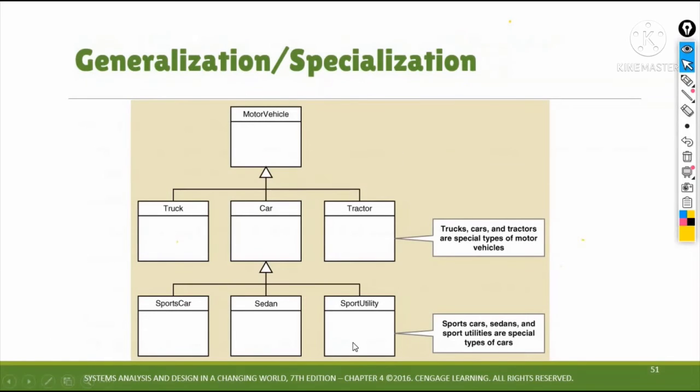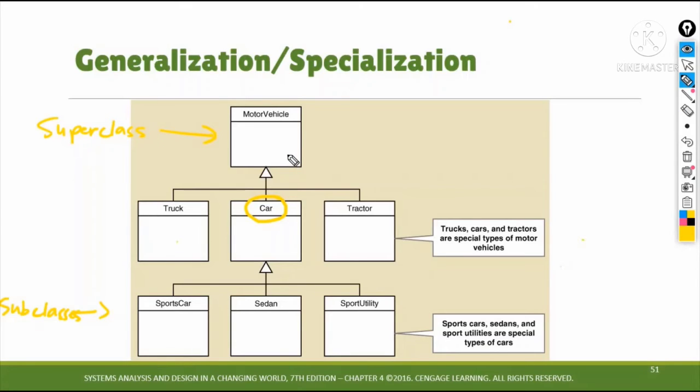So for example, in this figure, the class car. So this class right here, the car class has three subclasses and one superclass, which is the motor vehicle class.